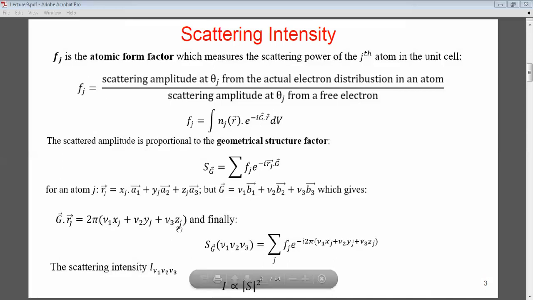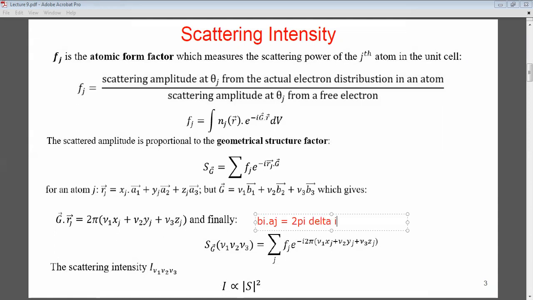Here I have used the fact that bi dot aj is equal to 2 pi delta ij, where delta ij is equal to 1 if i equals j, and delta ij equals 0 otherwise, that is, if i is different than j.